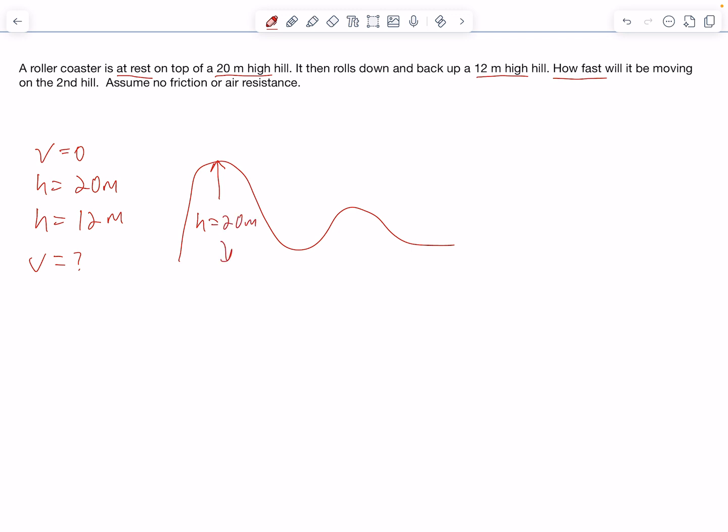So I'm going to draw them and label them. Okay. It's at rest up here, but then here it's moving. We don't know how fast it's moving. So once again, sometimes just pulling out the information does not give me enough visual to understand what's happening. So drawing the picture gives me those visuals sometimes.